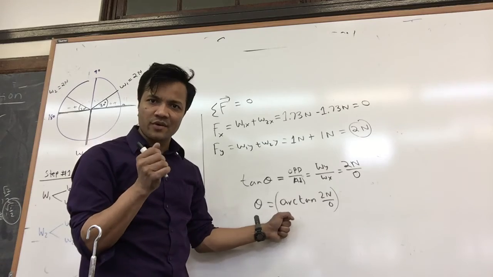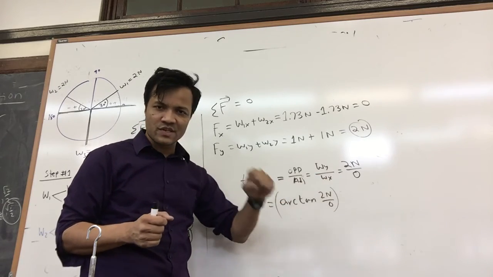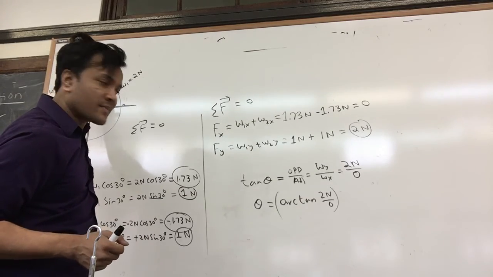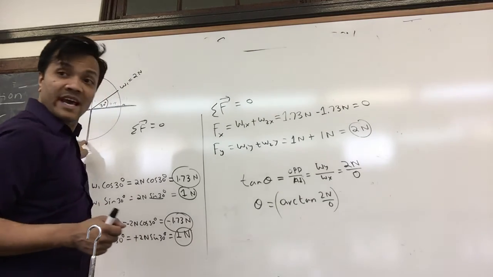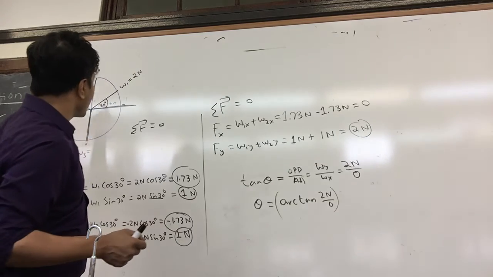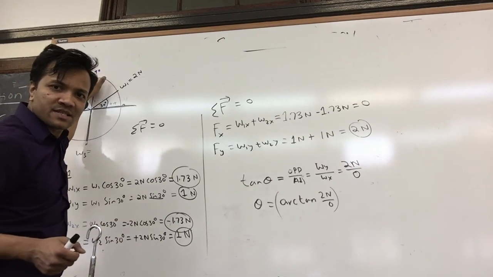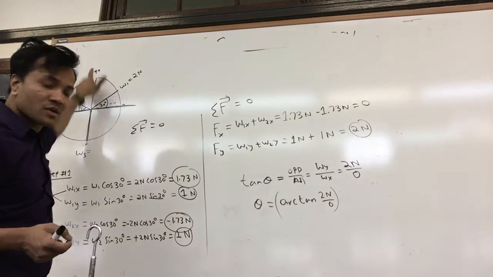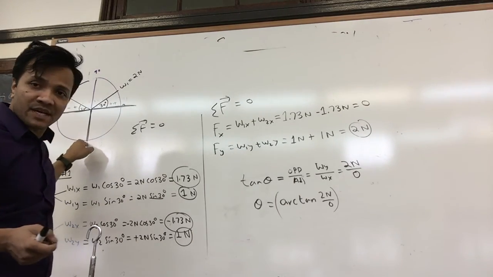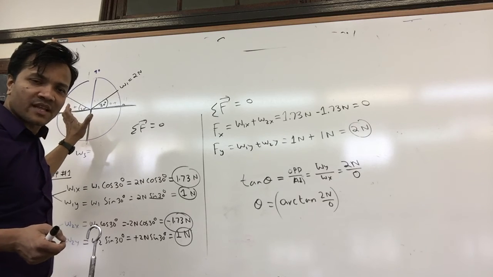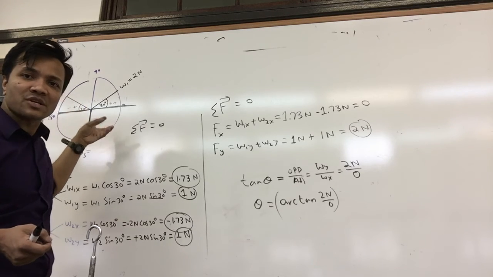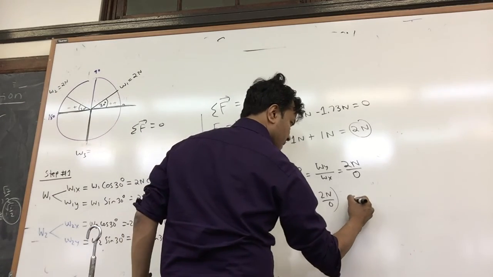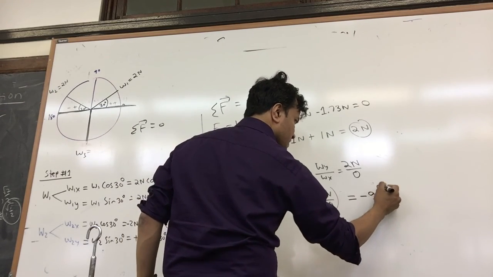Arctan of 2 Newton over 0 is not defined when it is 90 degree and when it is negative 90 degree. We will not add it at positive 90 degree, for an obvious reason, because it is accelerating this way. We're going to add it at negative 90 degree so that we can accomplish the equilibrium. So it is negative 90 degree.